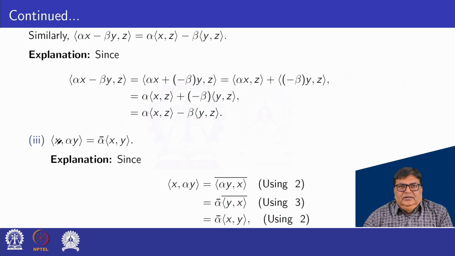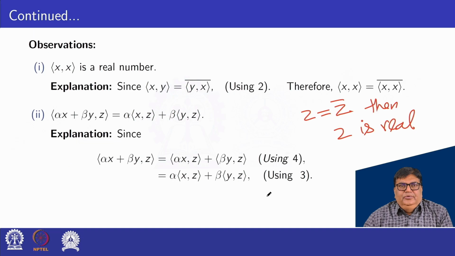Third, inner product of (x, alpha y) equals alpha bar into inner product of (x, y). Explanation. Since inner product of (x, alpha y) equals the complex conjugate of the inner product of (alpha y, x), using property 2.